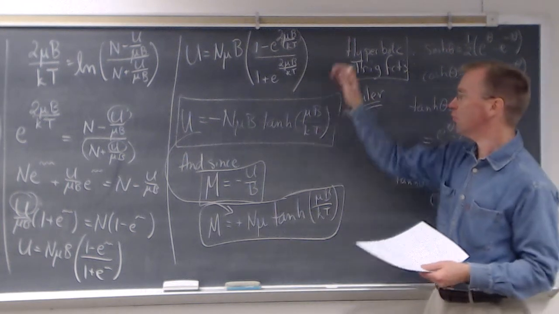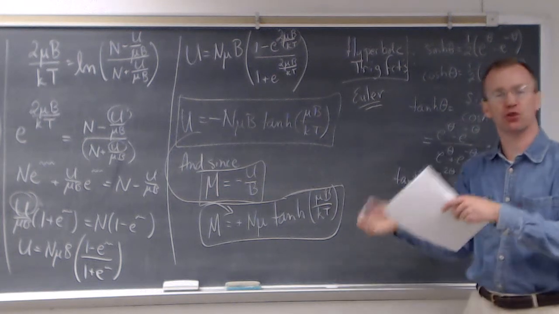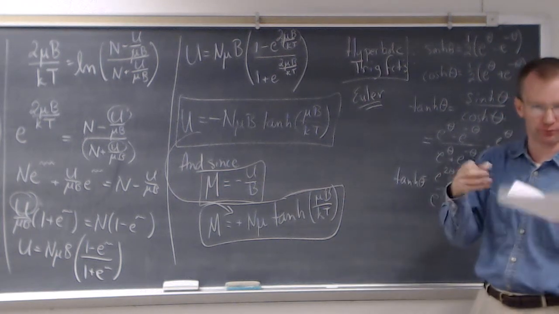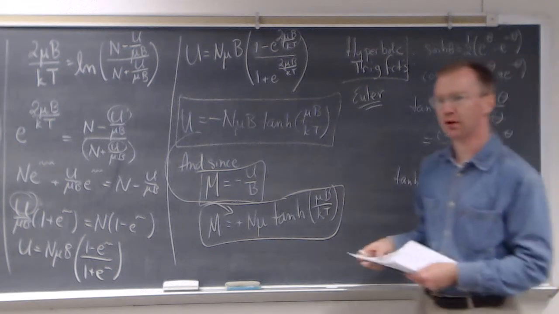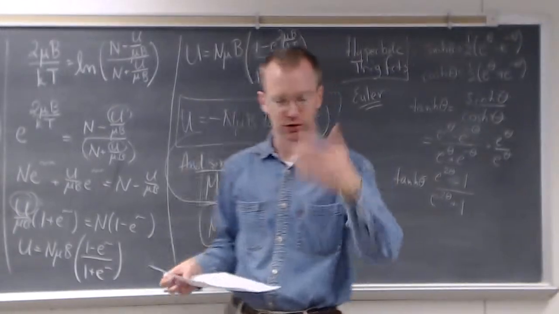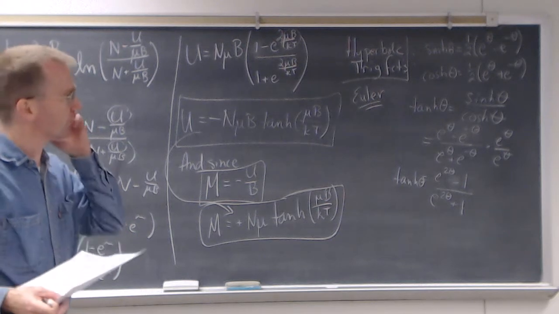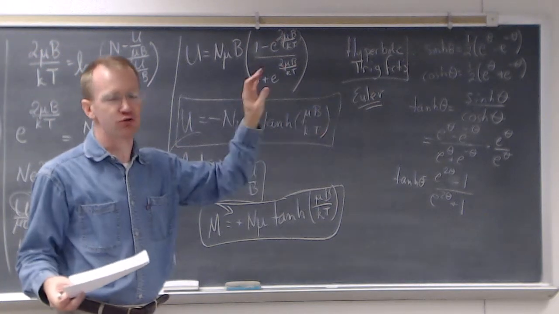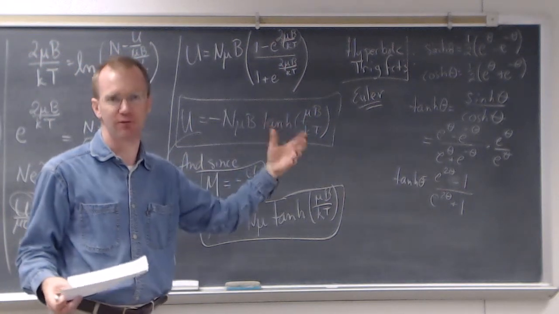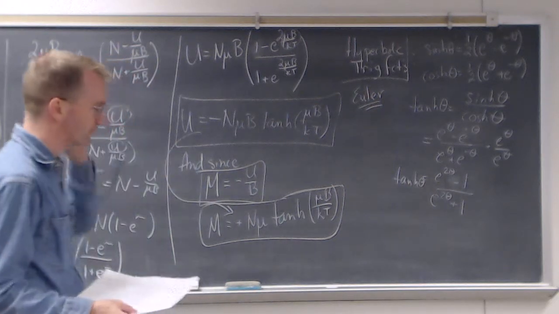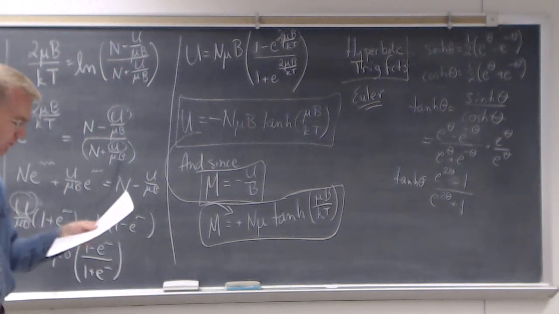So if you see 1 minus or exponential of this minus exponential of the same thing with a minus sign, or plus the exponential of the same thing with a minus sign, those Euler relations for the trigonometric functions always have those in them, and so you should look for those. Okay.